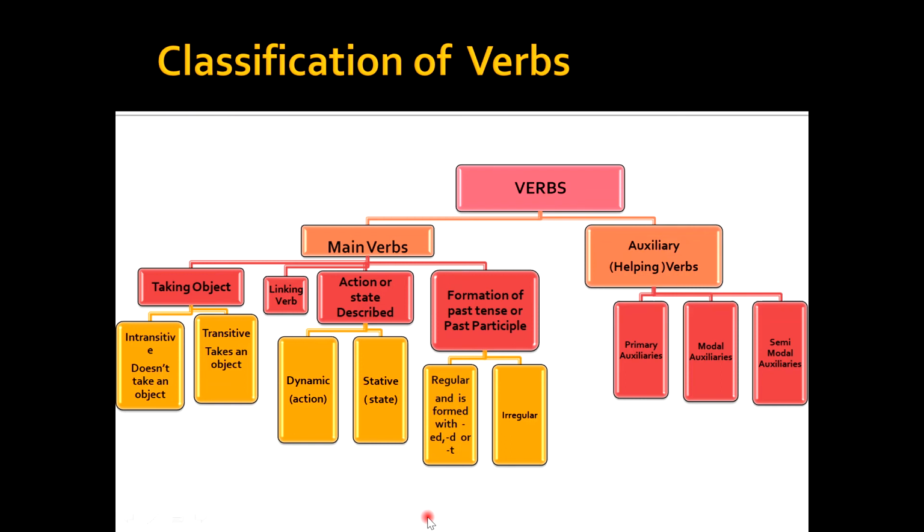Now, modal auxiliaries and semi-modal auxiliaries are related to the concept of modality, a term which refers to the attitude of the speaker towards the state of the world. They are used to say whether something is real or true.